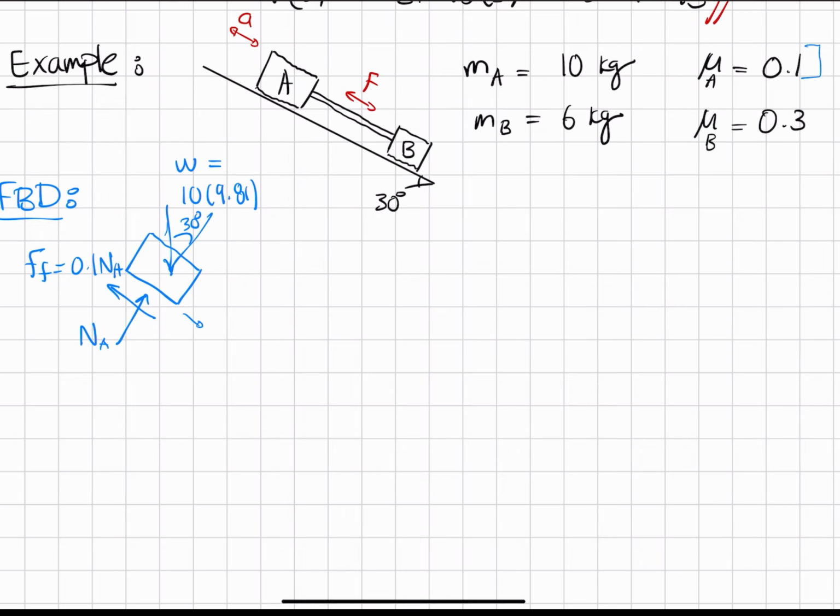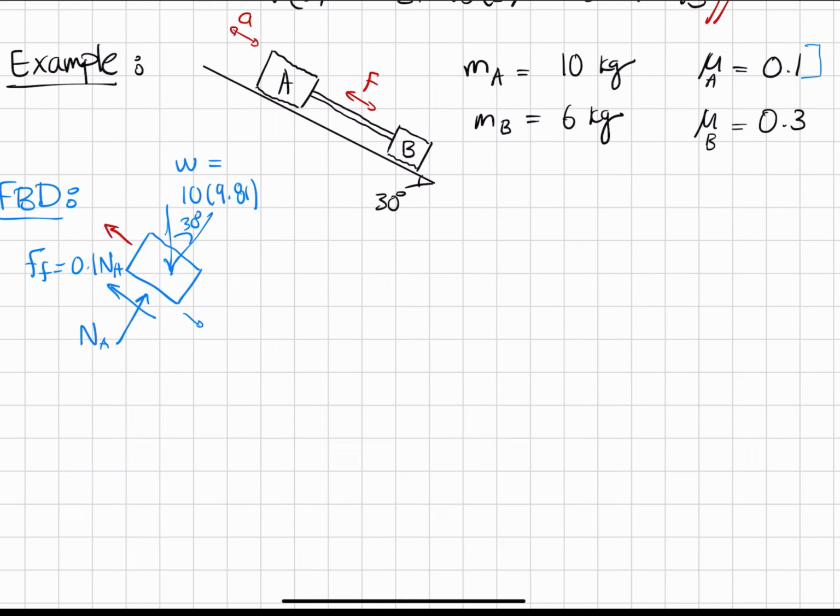Another thing we have to consider is that if the mass is going to be sliding downwards, but it wants to stay in the same place, then the inertial component is going to be in the upwards direction. So let me choose a different color and note that down.